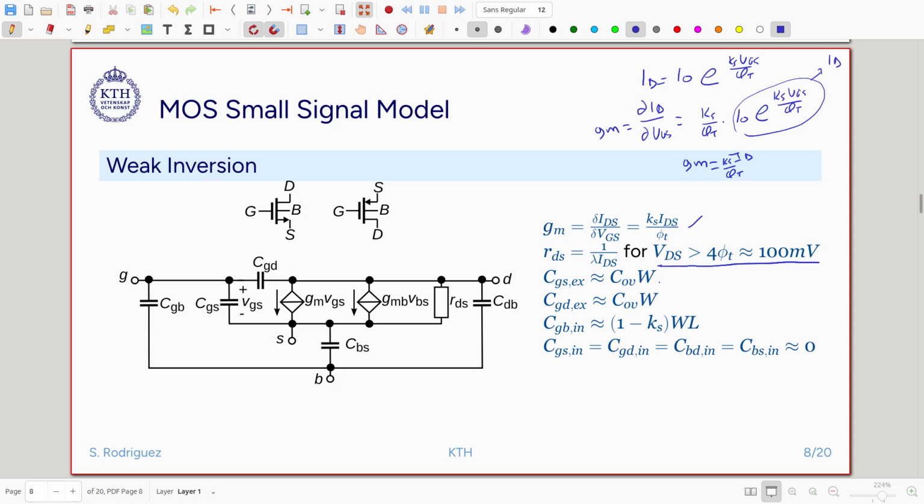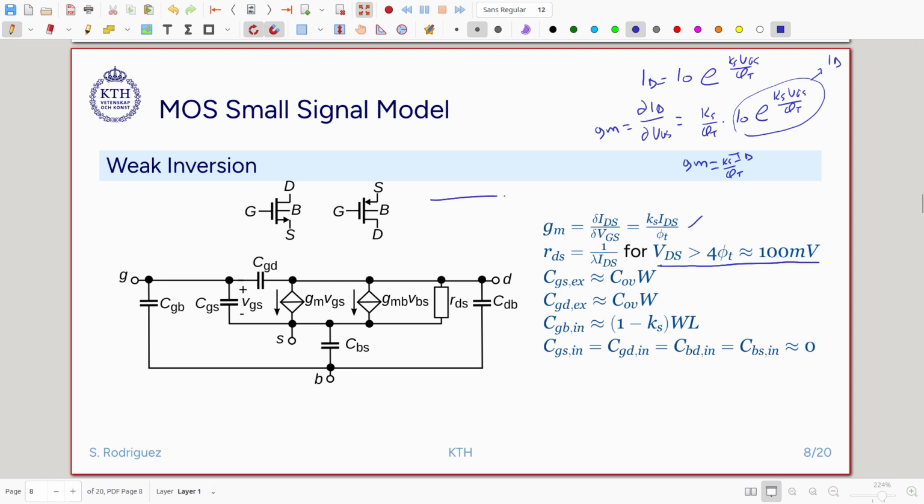And then in weak inversion, we don't have the intrinsic capacitance that we have in strong inversion, because the channel is not really formed, or not so strongly formed. So what we have is mainly the extrinsic capacitances, both CGS and CGD.